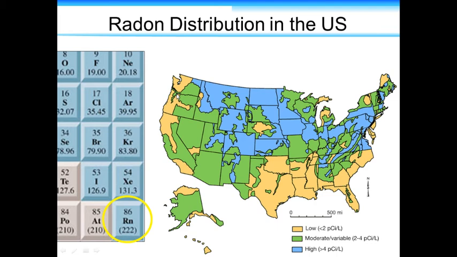So if you are in Northeast Portland, you should perhaps have a radon detector in your basement or have it checked every so often. The detectors and the home kits to check the radon are fairly straightforward.